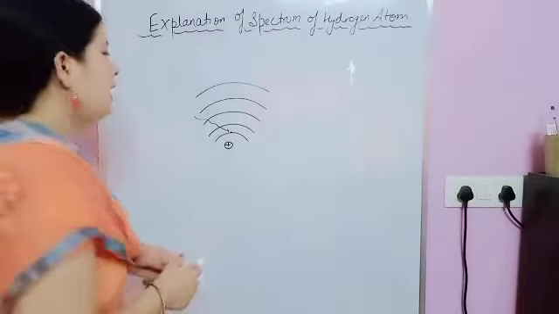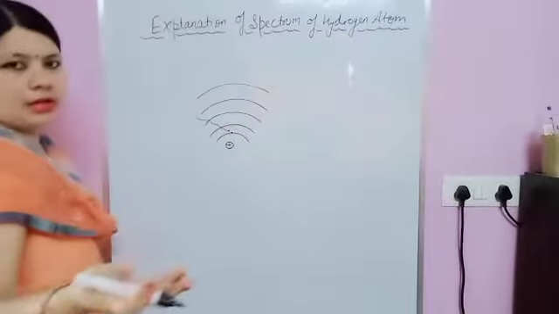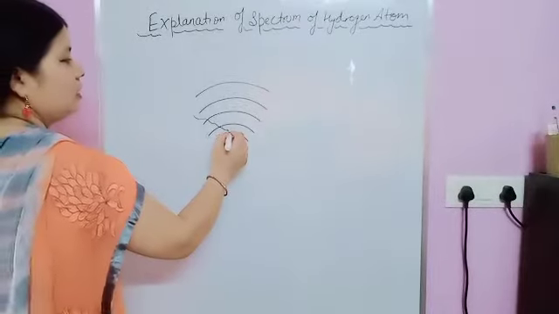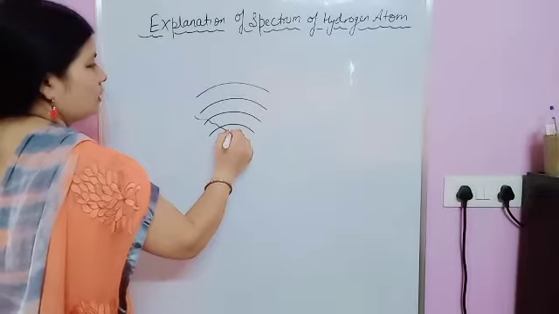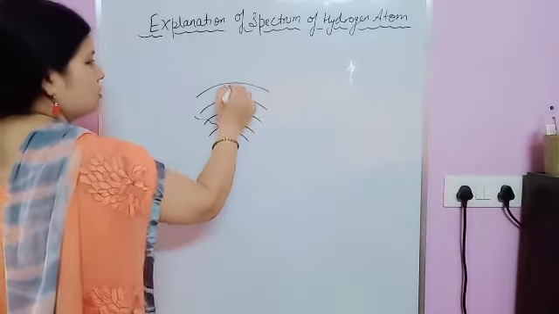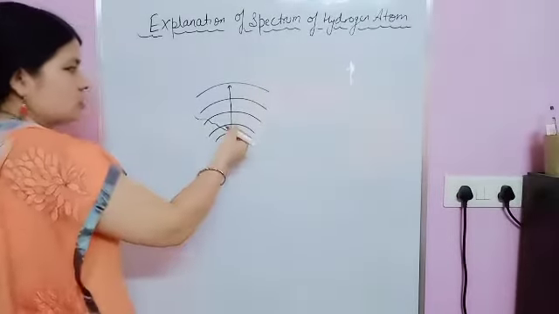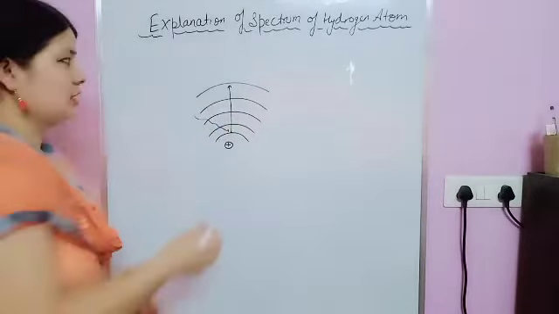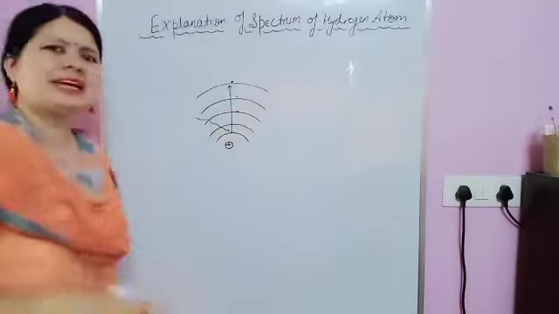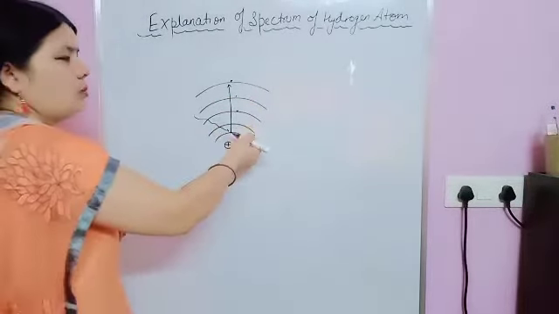The electron absorbs energy and it depends upon the energy; it jumps from lower energy to higher energy. From its normal lower orbit it goes to a higher orbit. It depends where it can go: maybe here, maybe here, maybe here. It depends on the energy, according to which it will leave its orbit and go there.